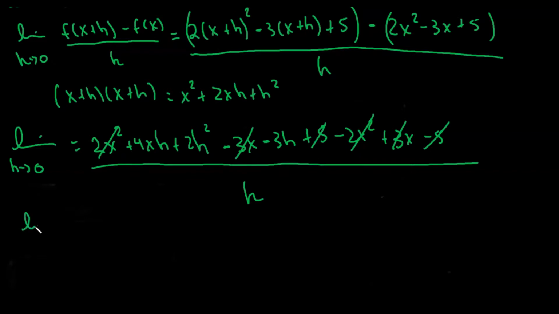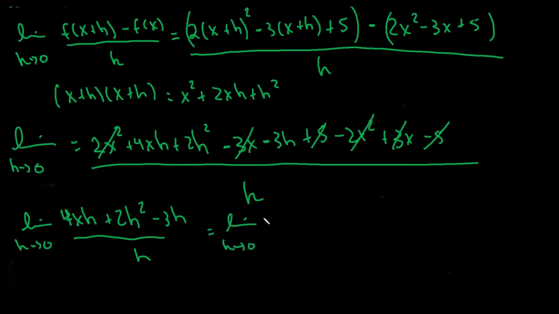We get the limit as h goes to 0 of 4xh plus 2h squared minus 3h all over h. I can do term-wise division here, so I'll get the limit as h goes to 0 of 4xh over h plus 2h squared over h minus 3h over h.